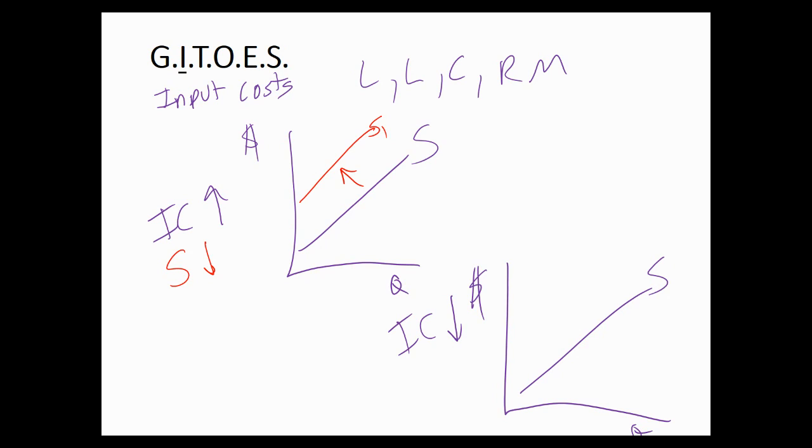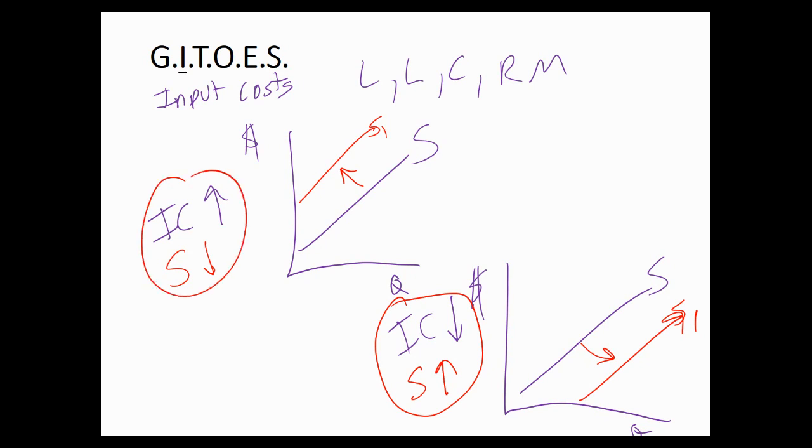So if we look over here in the bottom right-hand corner, if input costs diminish, then they'll be able to produce more goods. There's a supply curve, and we'd see an increase. So once again, supply would increase. So we see an inverse relationship here between input costs and supply. So once again, we're talking about land, labor, capital, raw materials for producing a product. So that's I.